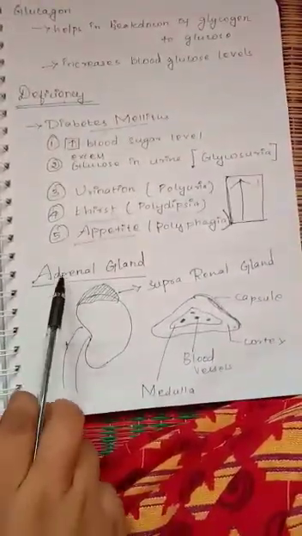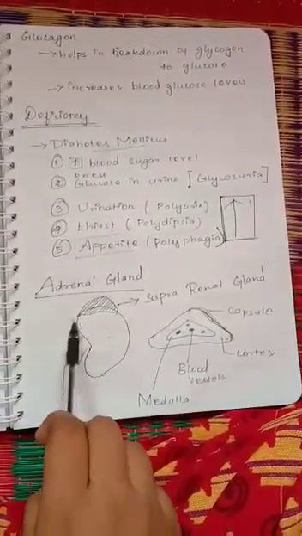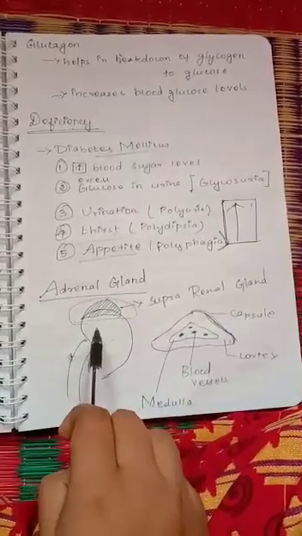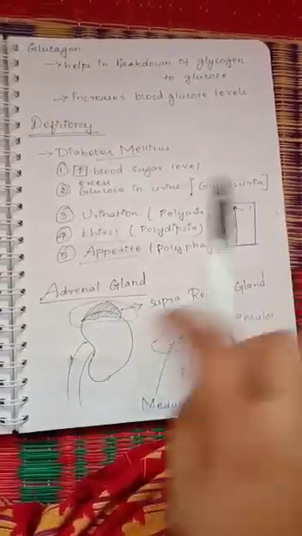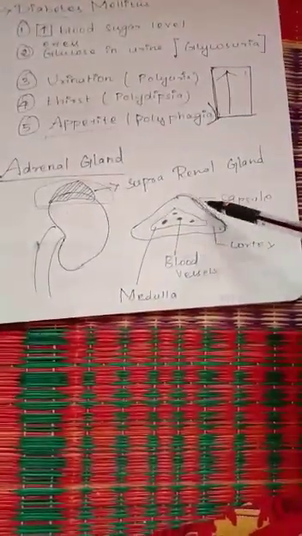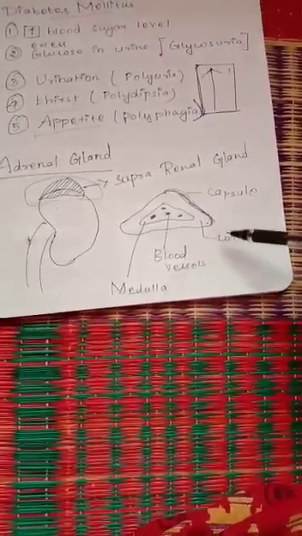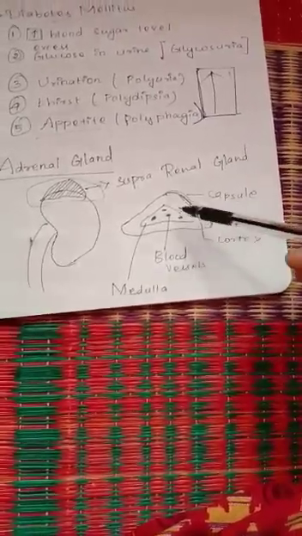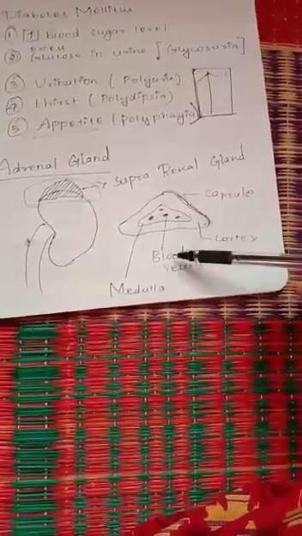And the next gland is the adrenal gland. It is present on the upper surface of our kidney, so it is called the suprarenal gland. It consists of an outer covering called the capsule and the inner layer called the cortex. And the innermost layer is known as the medulla that contains the blood vessels.